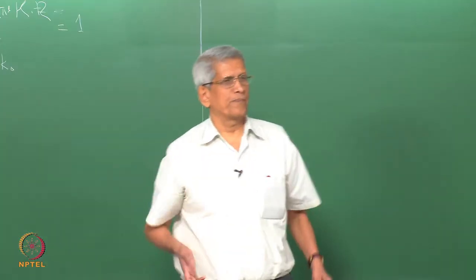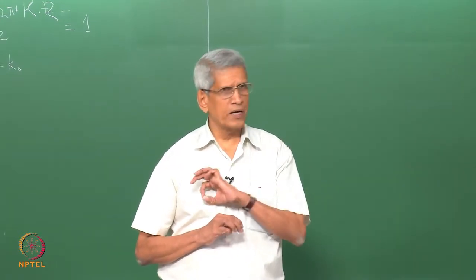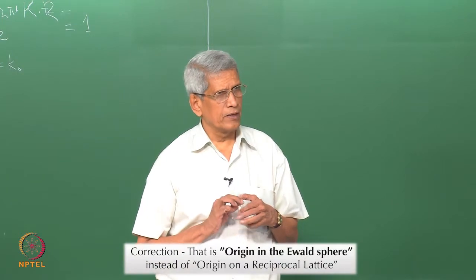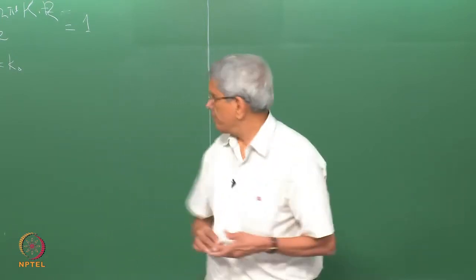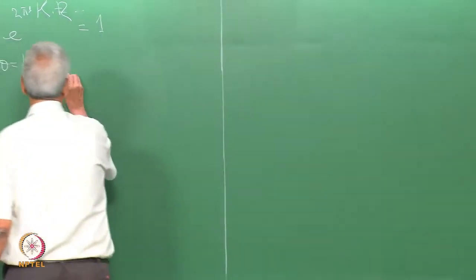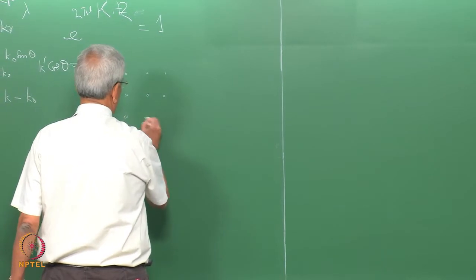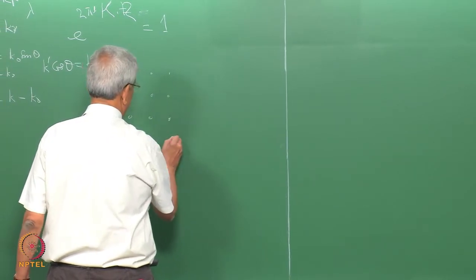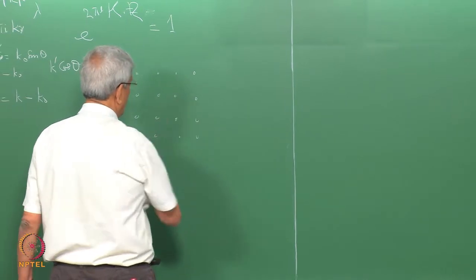How to draw an Ewald sphere is that you choose any point as the origin of the Ewald sphere. Suppose we choose this as the point.